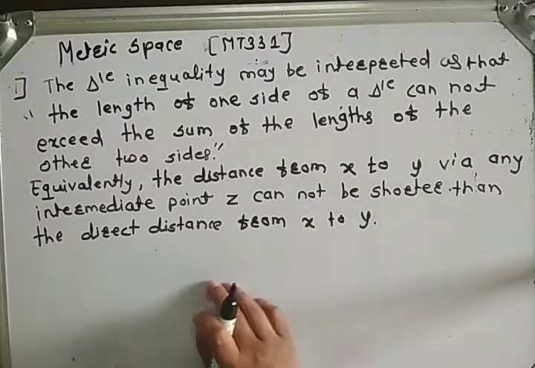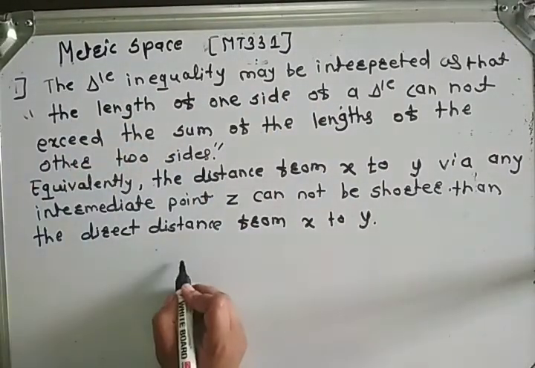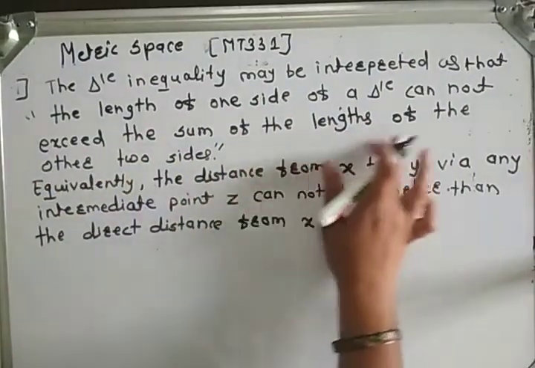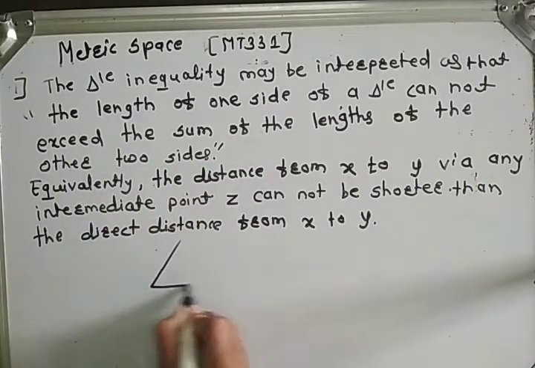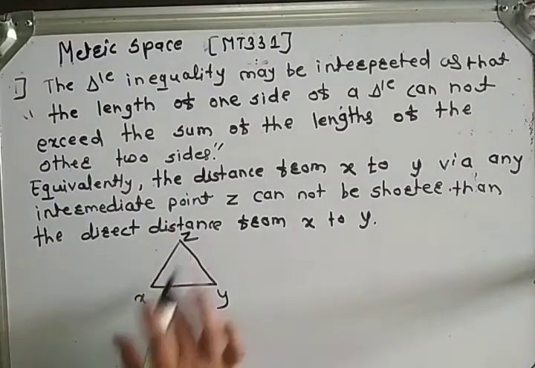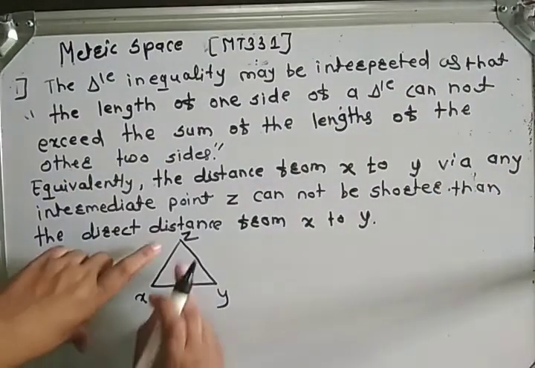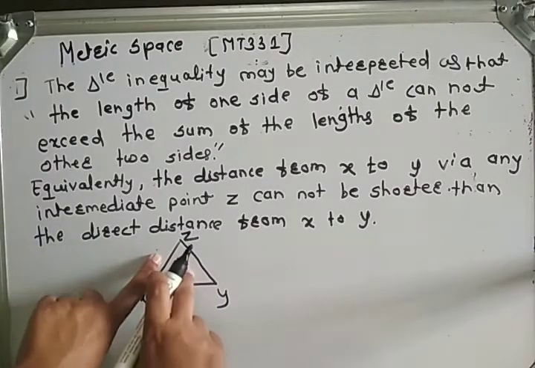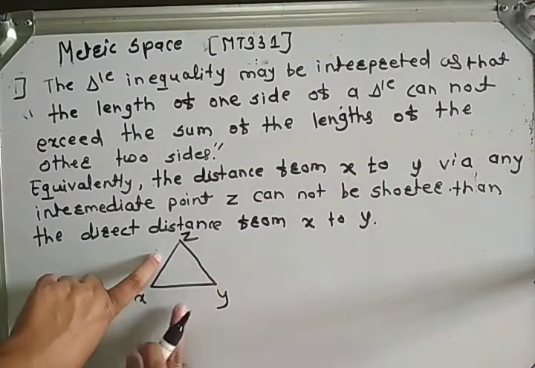See here, what is the triangle inequality? The triangle inequality may be interpreted as the length of one side of a triangle cannot exceed the sum of the lengths of the other two sides. For example, let X, Y, Z be any triangle. The length of one side of a triangle, suppose I have taken the length of XZ, cannot exceed the sum of the lengths of the other two sides.